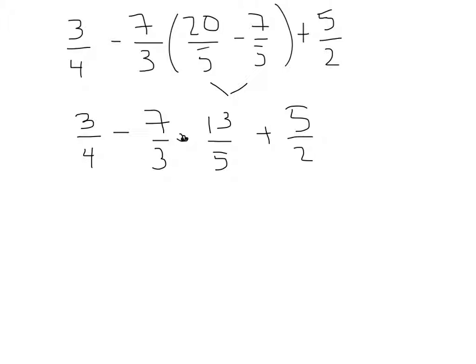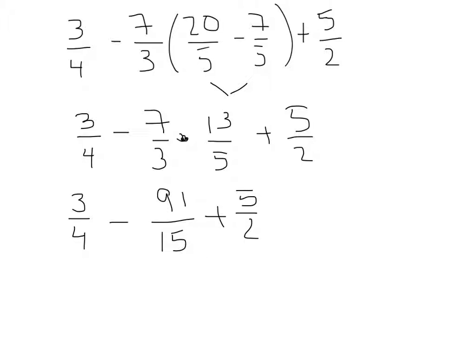There's nothing to cancel, so we're left with 3/4 minus 7 times 13 is 91, and 3 times 5 is 15ths, plus 5/2.